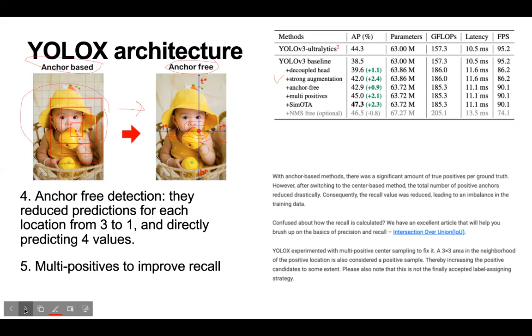Multi-positives also made quite a sufficient increase in AP, from 42.9 to 45, and after applying multi-positives, the AP of 45 outperformed YOLOv5 from Ultralytics, whose performance was 44.3.